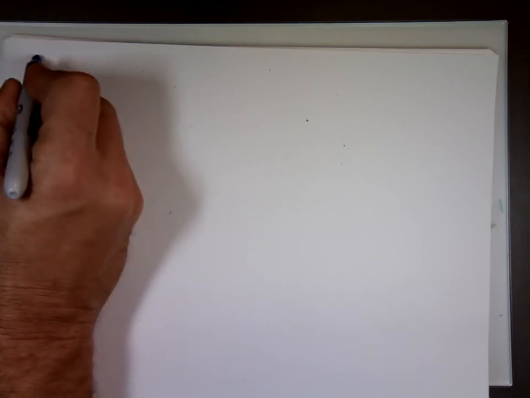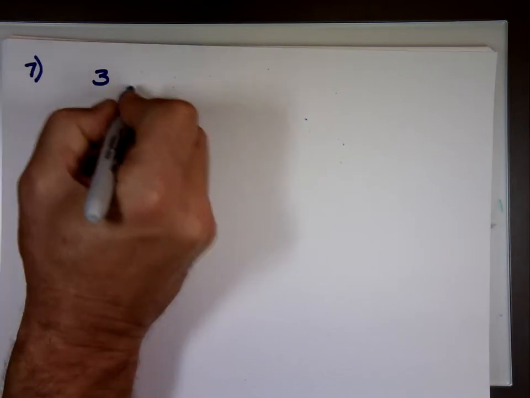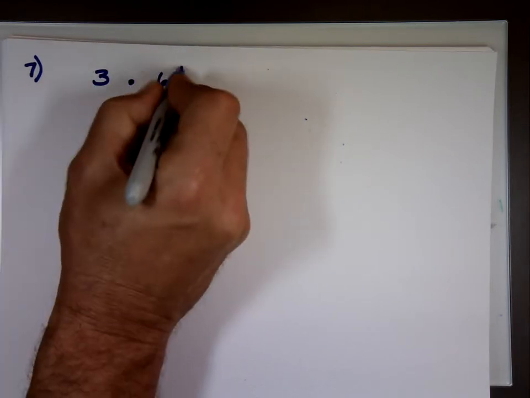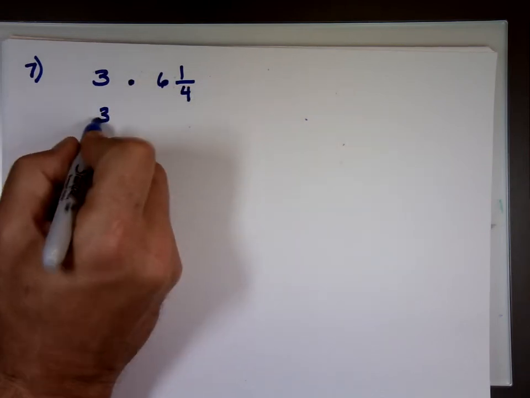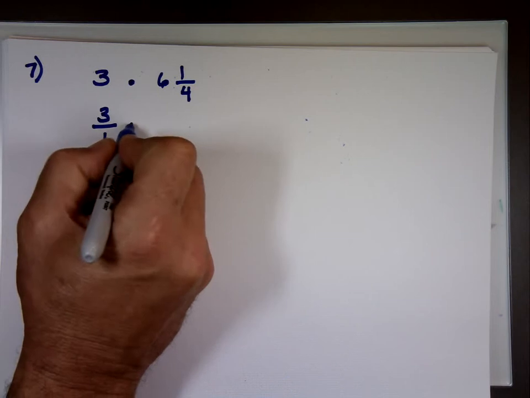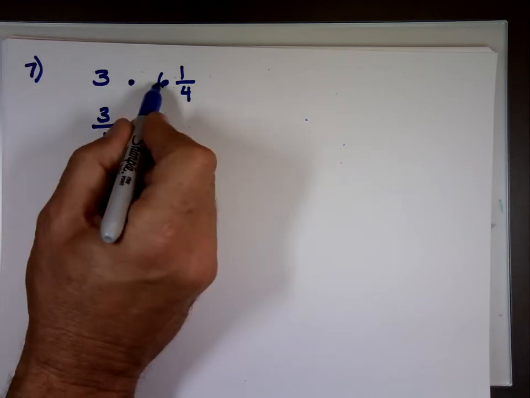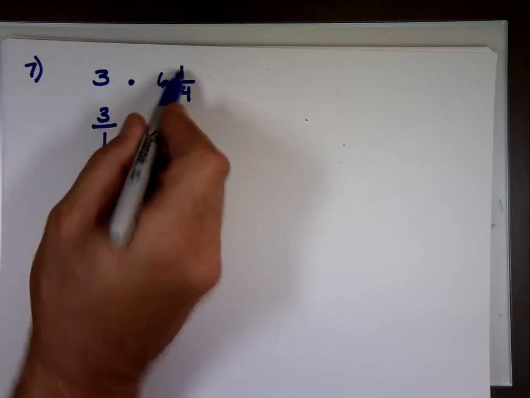Question 7. Multiply 3 times 6 1/4. The 3 is 3 over what? 1. 4 times 6 and 1.